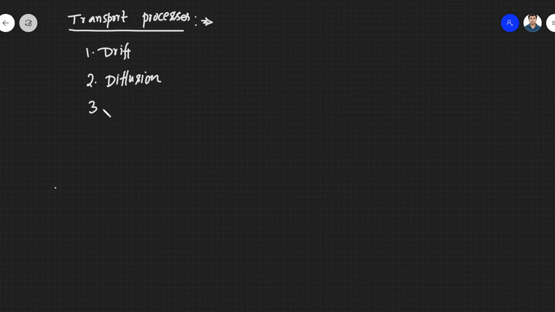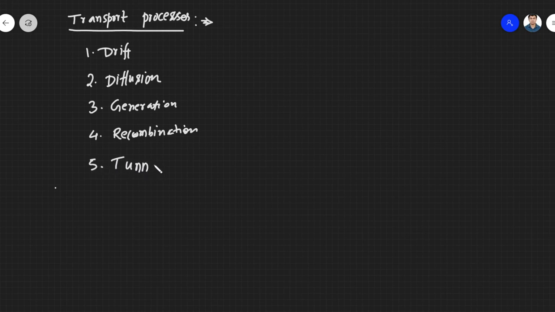And then we have carrier generation, and carrier recombination, right? And then we have different tunneling processes. We'll discuss all this as we go on.